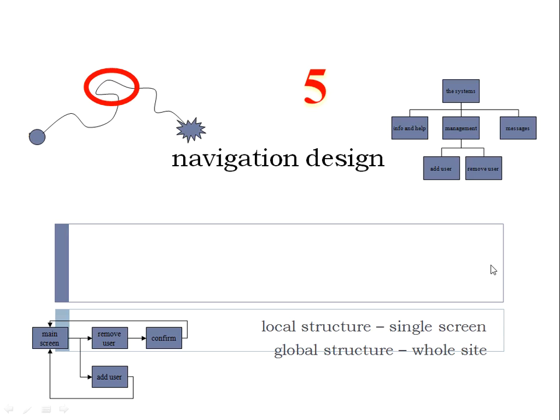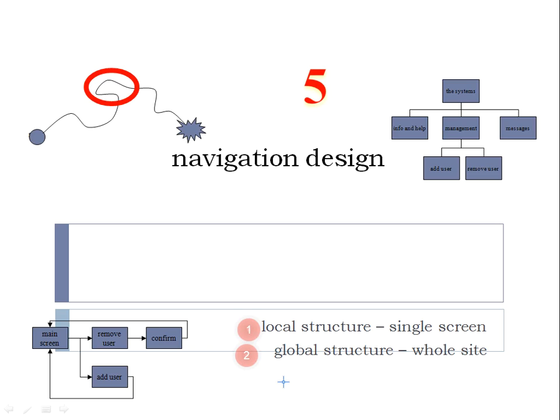Okay, the fifth is navigation design. Navigation design can use the local structure or a single screen, or we can consider the global structure, that is the whole site, like the World Wide Web. Local structure is in one screen, but global structure is the whole site.